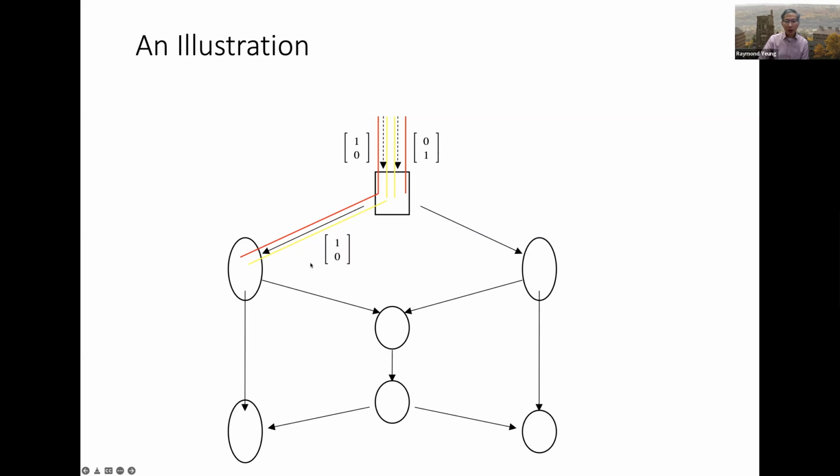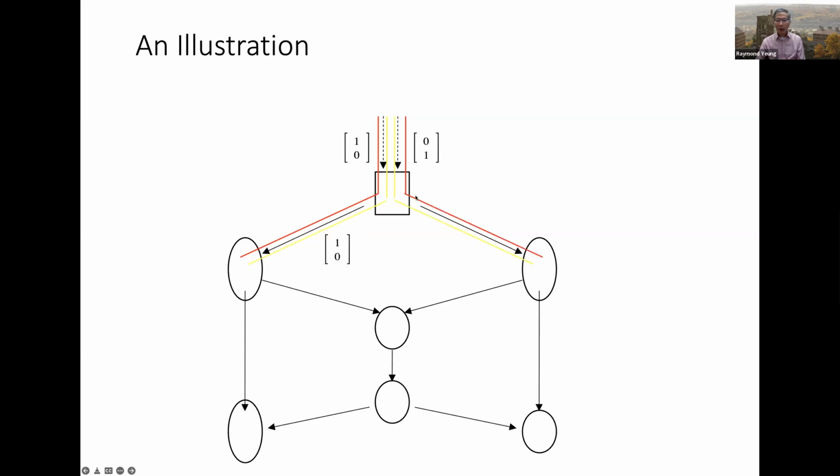This is a valid assignment because the vector that you assign to this edge must be a linear combination of the input global encoding vectors. So this is equal to 1 multiplied by this plus 0 multiplied by this. Now we check whether the red flow front can maintain its independence. This and this are independent, and the yellow flow front, yes, again, they are linearly independent.